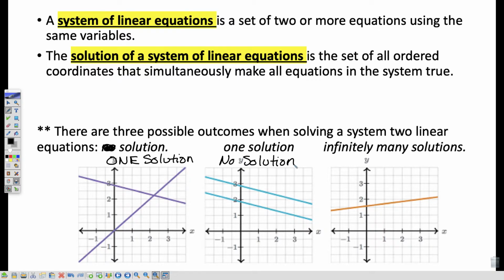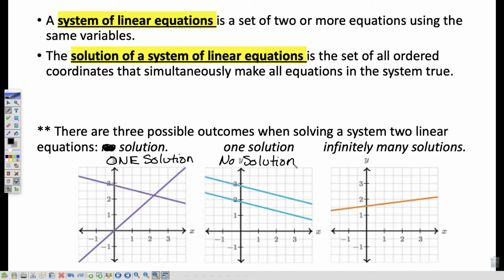We could have one solution, where they intersect one time. We can have no solutions, where they never intersect at all. Or we could have infinitely many solutions, when they're all the same what? Same line when I graph them.